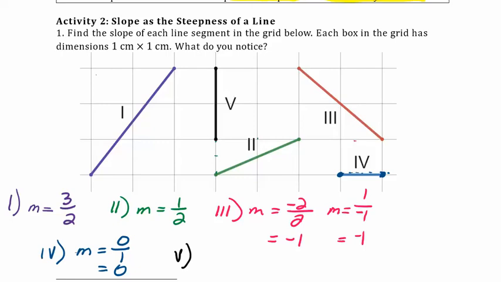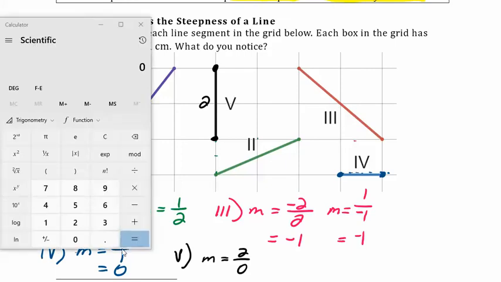All right, let's look at 5. If we go from here to here, we have a vertical change of 2, but we have no horizontal change. What is this value? Well, if you take out your calculator and punch in 2 divided by 0, you're going to get an interesting response.